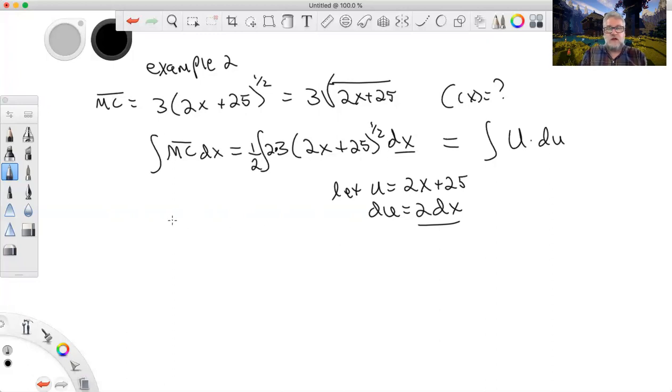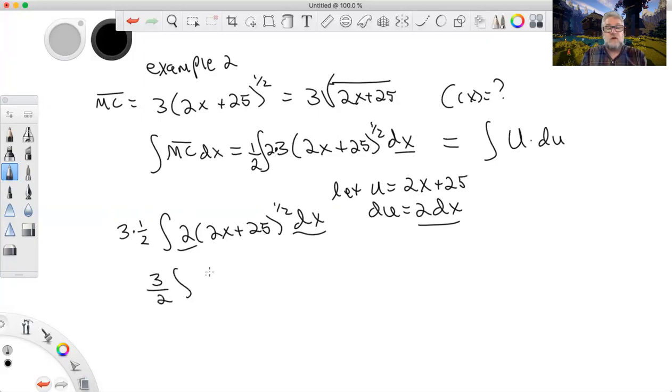So now I have 1/2, and I'm going to move the 3 out front because we don't really need it. We only need the 2. So 2 times 2x plus 25 to the 1/2 dx. So now I have my 2 dx. So now this is 3/2 times u to the 1/2 du.